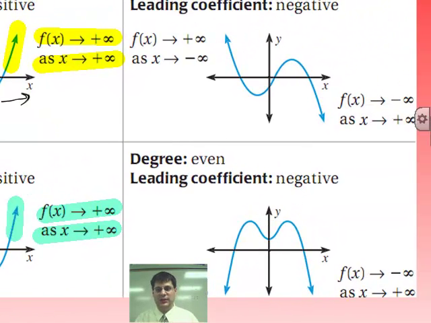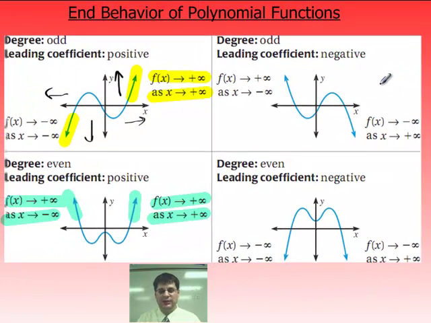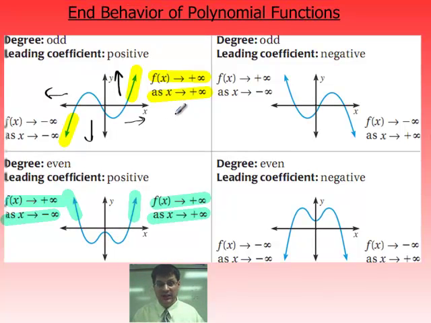A good way to think about end behavior is to think about what happens in the simplest case, like the simplest polynomial. For instance, a simple odd degree polynomial is going to be something that's linear. A line has a degree of 1, and 1 is odd.